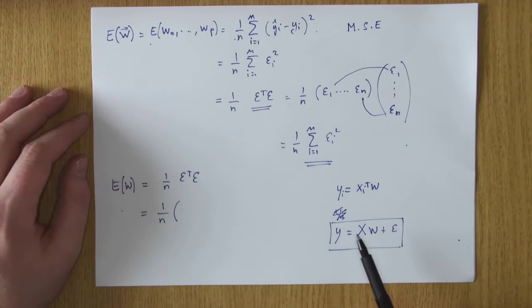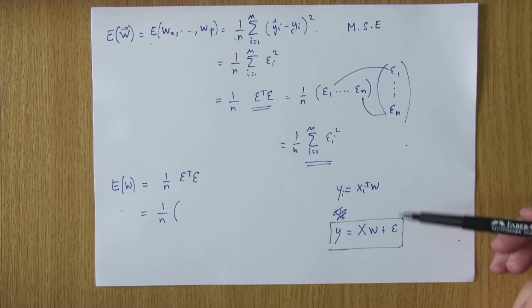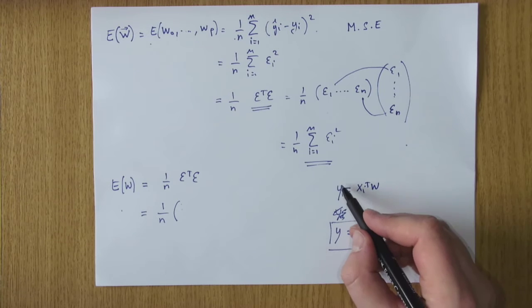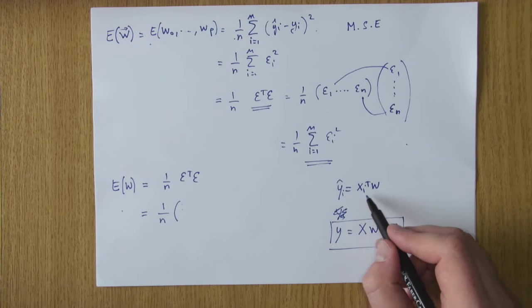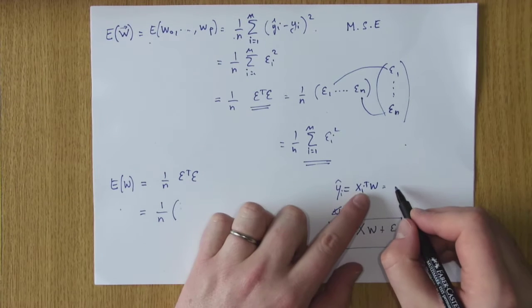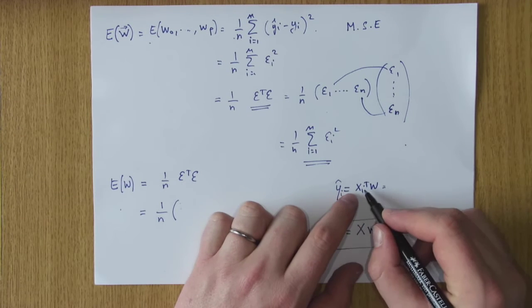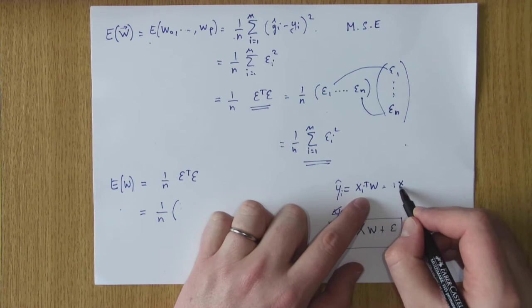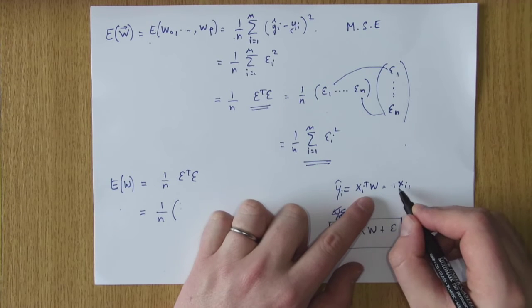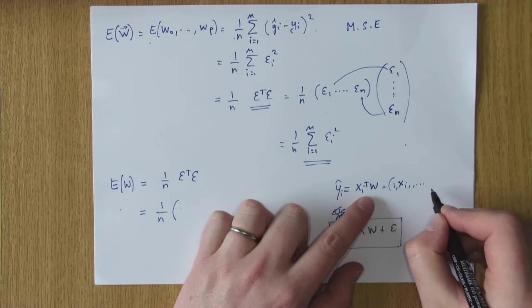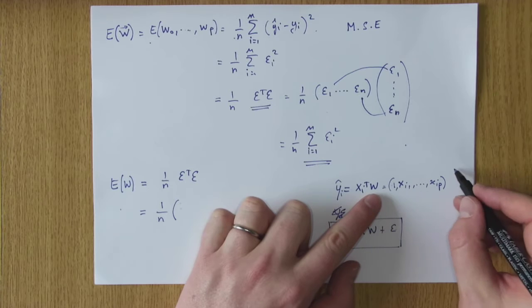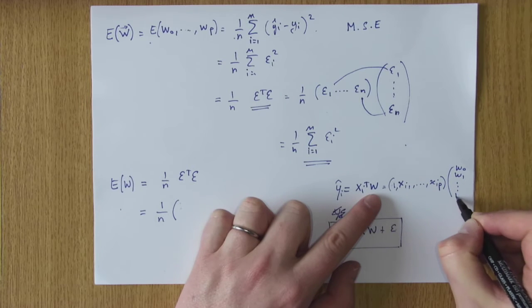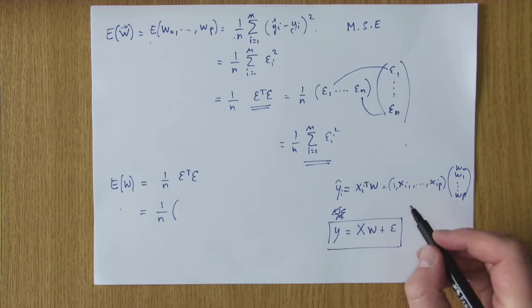So I should have done that before, but basically, yes, the predicted value for each of my observations, so you have a feature vector, and this turns out to be equal to exactly what we talked about. So xi transpose is 1, xi1, up to xip, and this one is w0, w1, up to wp, and we do the sum.